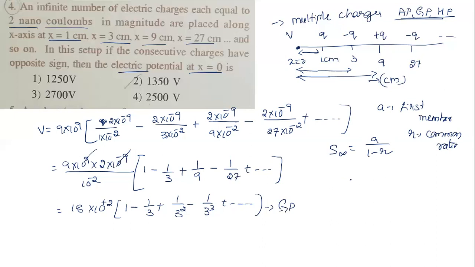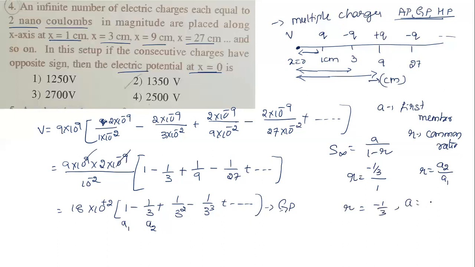How can we find R, the common ratio? R is given by the next number, 1 by 3, divided by the previous number, 1. This is A1, this is A2. The common ratio R is given by A2 by A1. So it becomes minus 1 by 3, the common ratio.